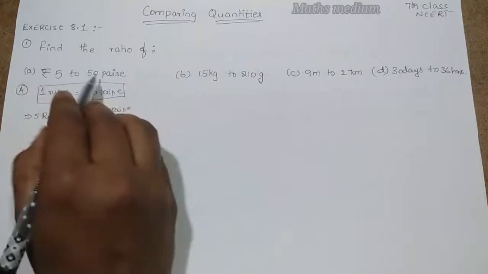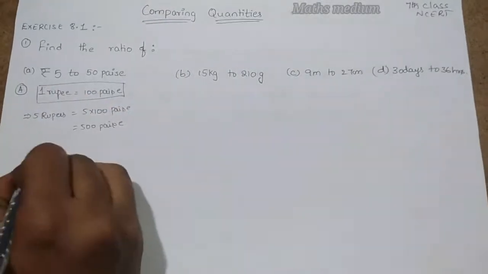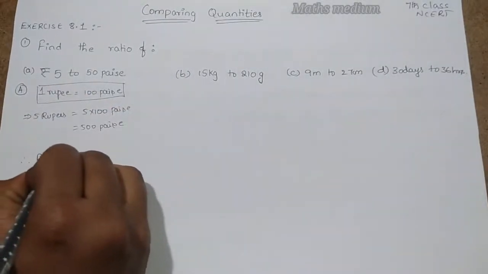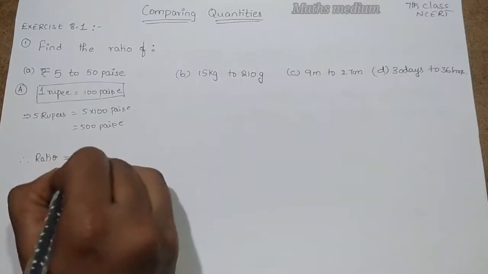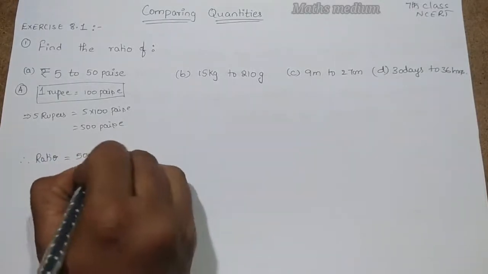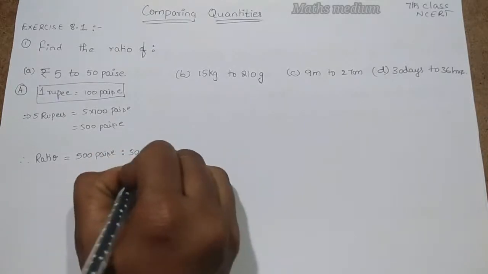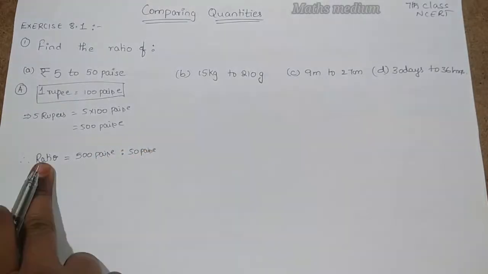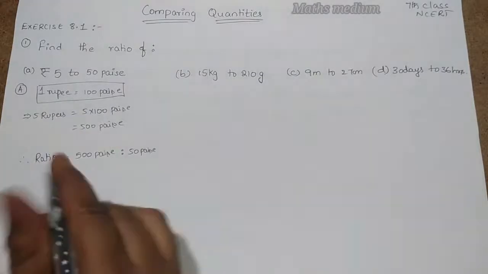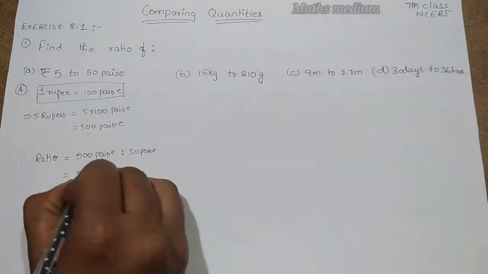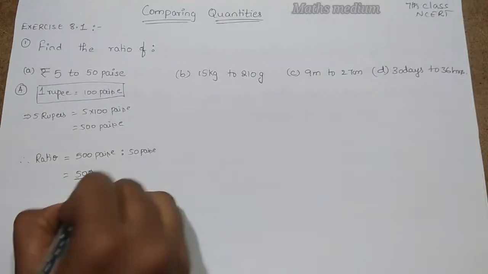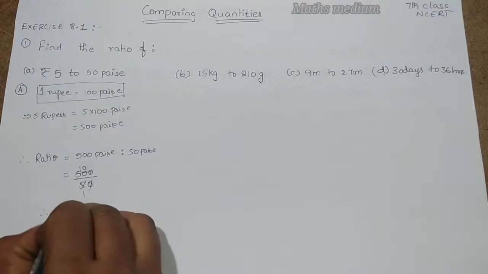Now, it is easy to make a ratio. Therefore, the ratio is 500 paise to 50 paise. We know that a ratio doesn't have any units. So 500 divided by 50, the 0 gets cancelled, 5 10s are 50. Therefore, 10 is to 1 is the answer here.